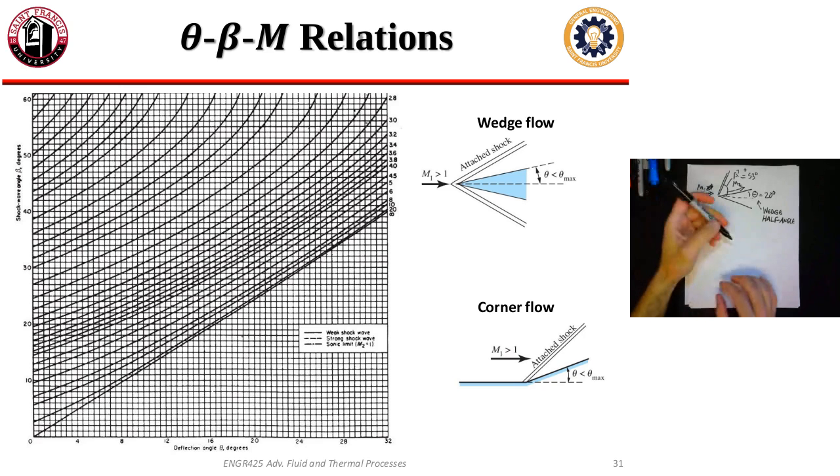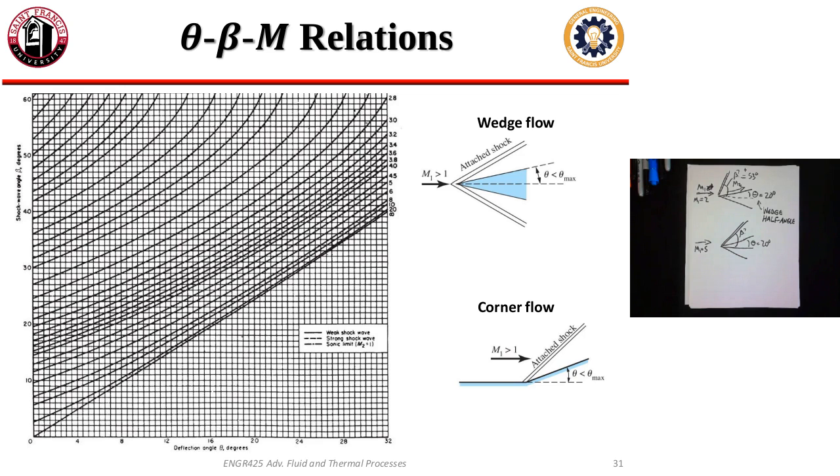Now let's take that same example, but instead of an incoming flow of Mach 2, let's crank that up to Mach 5. What's our beta now? Mach 5. Oh boy, that's on the other page, isn't it? Nah, you just scroll down a little bit.